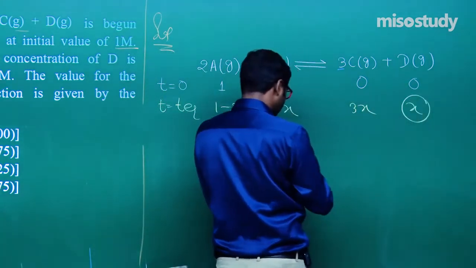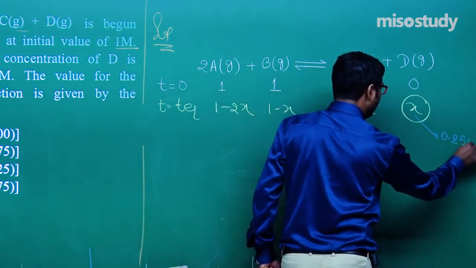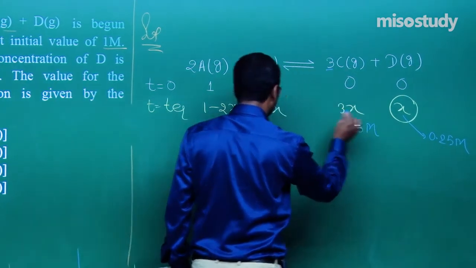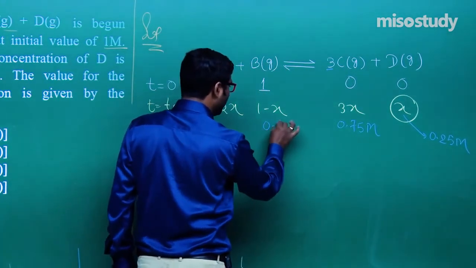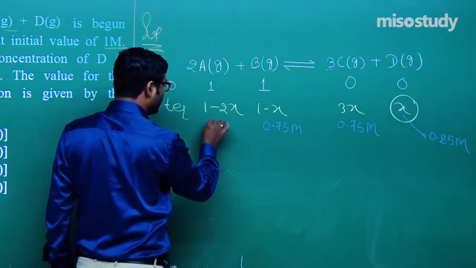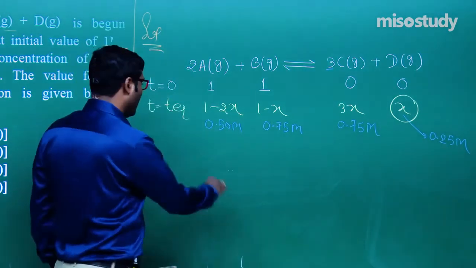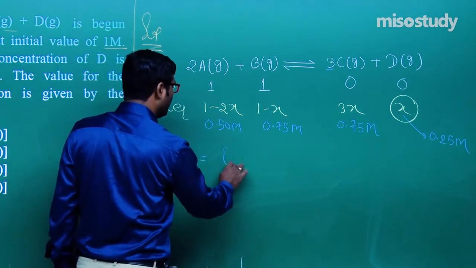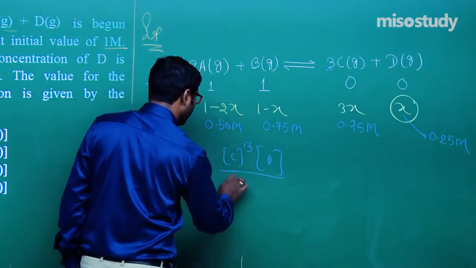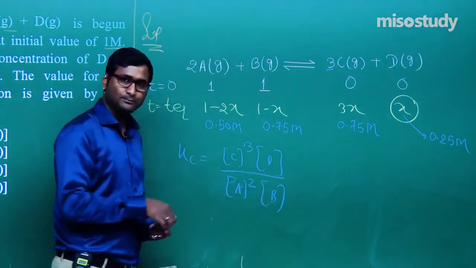Clear? According to the question, x is 0.25 molar, so 3x will be equal to 0.75 molar, 1 minus x is equal to 0.75 molar, and 1 minus 2x is equal to 0.50 molar. Clear? Now, Kc is equal to C to the power 3 D upon A to the power 2 and B. This is the expression.